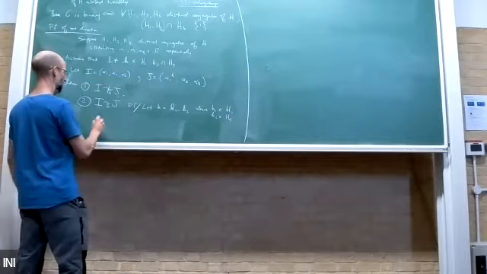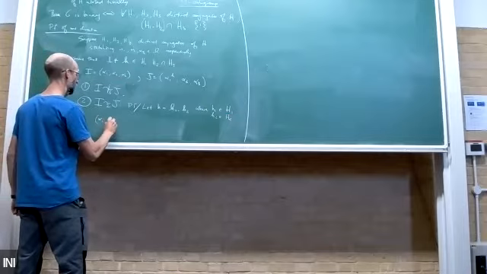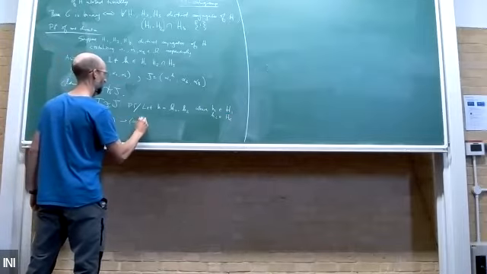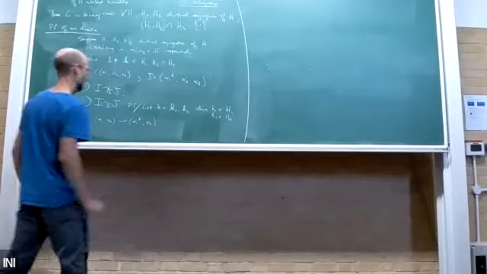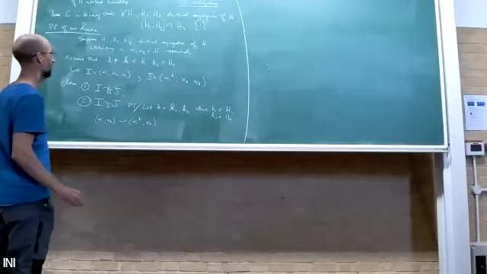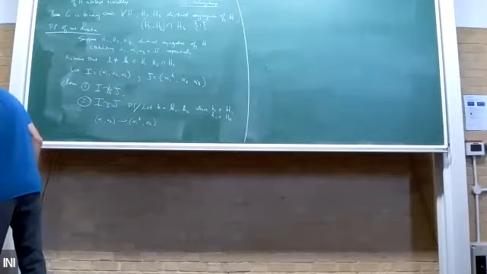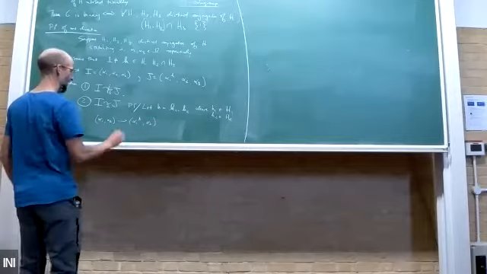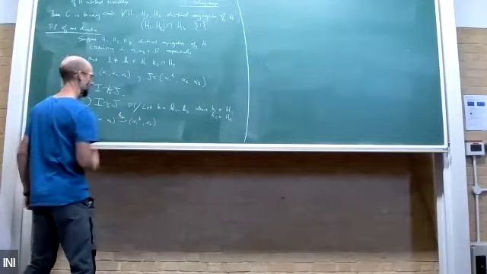So the first thing I want to do is map (alpha 1, alpha 2) to (alpha 1 h, alpha 2). To do that, I don't need h1, I just need h2.